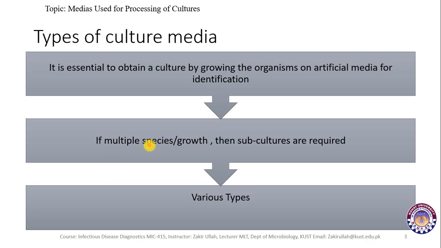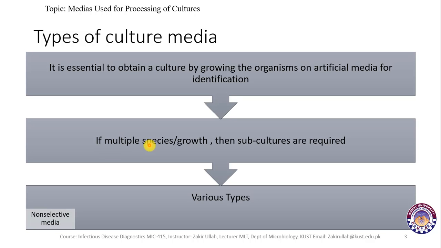Various types of culture media are available. So today we will discuss the different types of culture media depending on the ability of the growth functions and on the support they give to the microbes and bacteria.